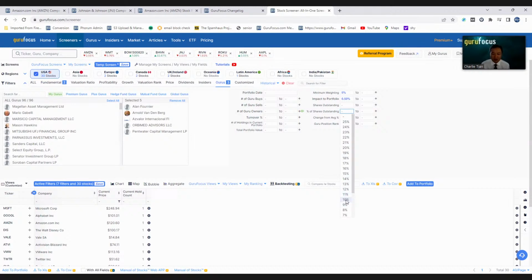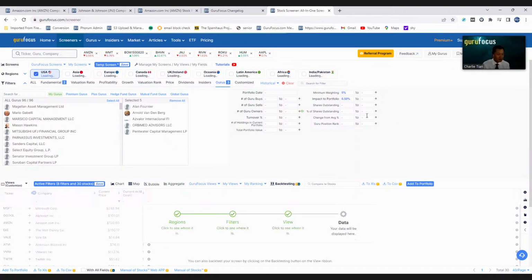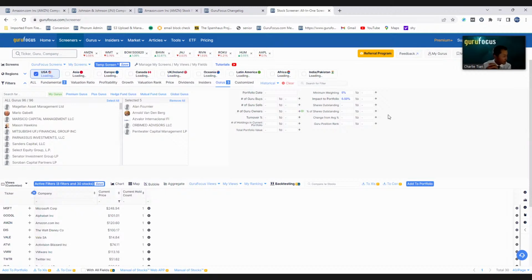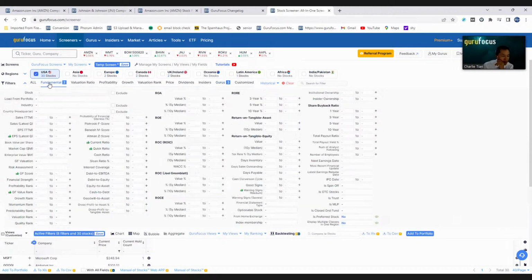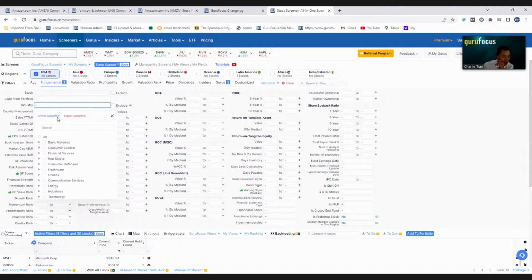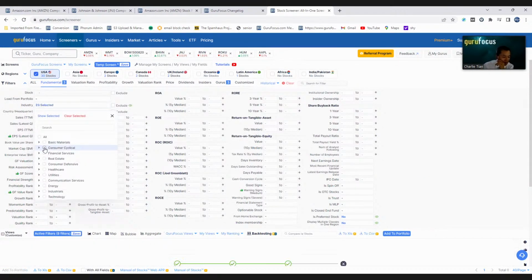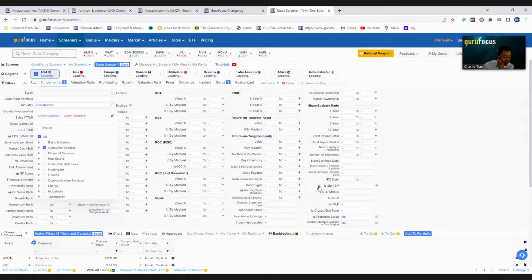So if it's a large position in a company, you can always do that. So that's how you do it. Portfolio weighting, of course, you can combine with industries here. If you only want companies in a certain industry, you can do that. I hope that answers your question, Eric.